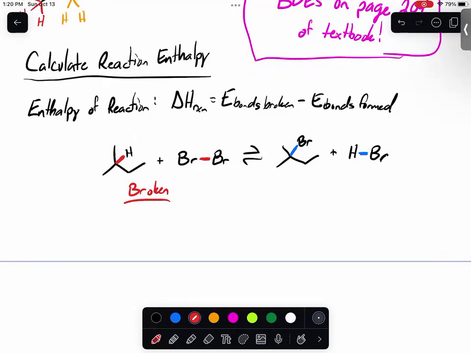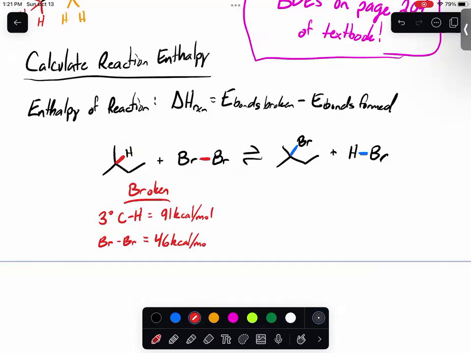That would be the tertiary CH, because remember when we talked about bond dissociation energy last time, it does matter which carbon the radical ends up on, because the more hyperconjugation, the more stabilized it's going to be. So in this case, a tertiary CH bond has a BDE of 91 kcal per mole, and then the bromine-bromine bond has a 46 kcal per mole BDE.